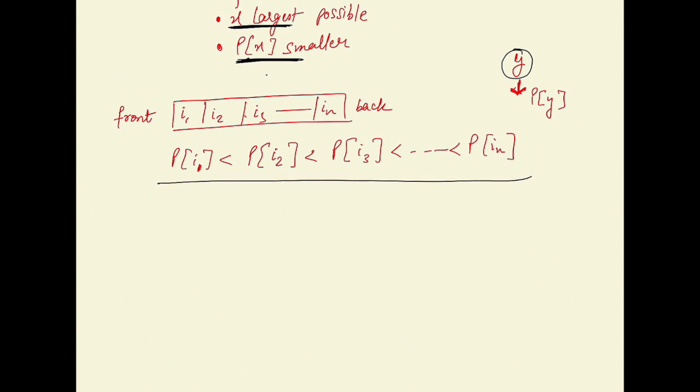let's say there was an index x such that px is greater than p of i_n, and x is less than i, and x is somewhere here.